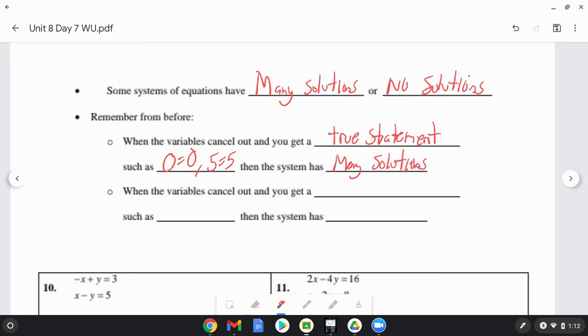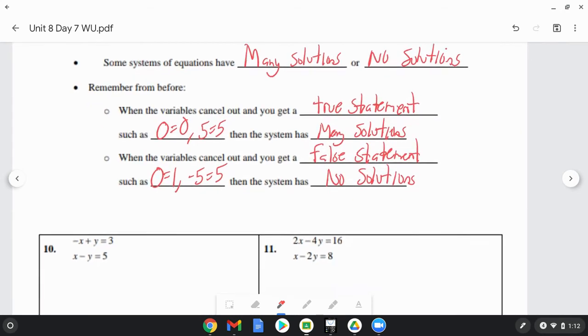If you cancel out the variables and you get a false statement, such as 0 equals 1, that's false, or negative 5 equals positive 5, that's false, that means that there's no solutions. So I'm guessing down below here, we're going to have some problems that will give us one of those two, or possibly even give us an answer. I guess we'll find out in just a second.